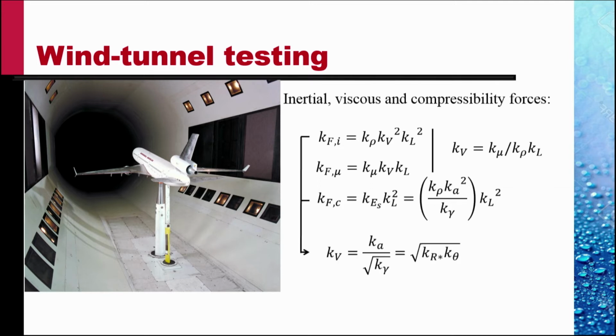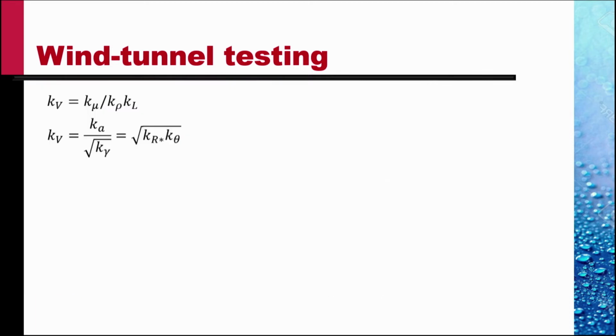And from the first and third, that is inertial and compressibility forces, we find Kv as Ka divided under root K gamma, which can be written as Kr star, where R star is the gas constant, times K theta, where theta is the absolute temperature of the gas. So these are the two laws that we obtain for modeling. Kv is equal to K mu divided by K rho KL, and Kv is equal to under root Kr star times K theta.